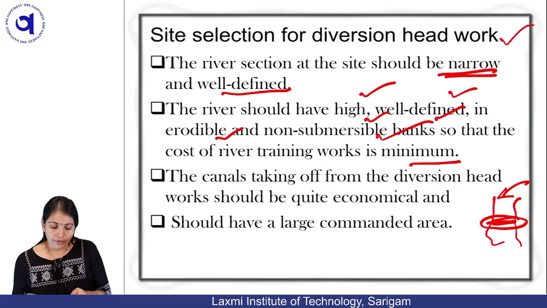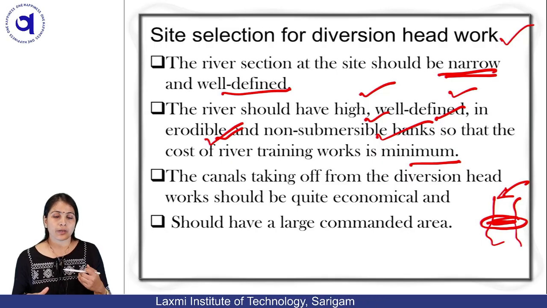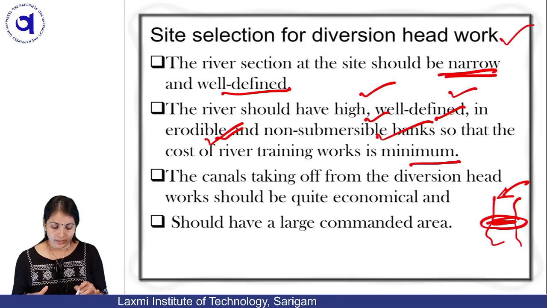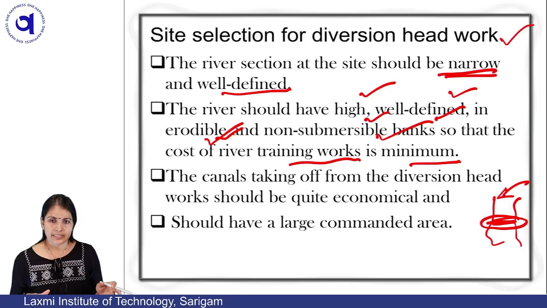It should be non-erodible, meaning the area should not have high velocity water coming and eroding it. We should avoid that site. The bank should not be submersible, and the cost of training work should be minimum. Whatever training works we are providing, I will discuss later.